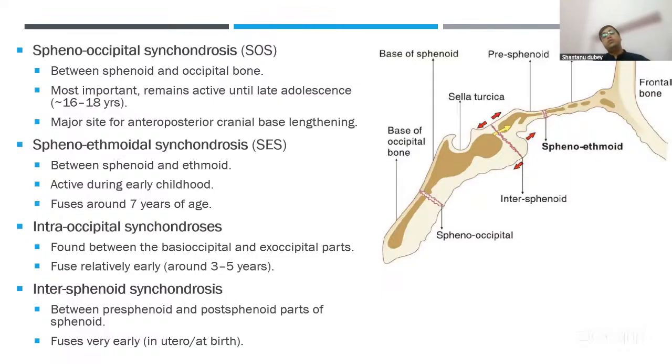So according to that principle, since the maxilla is just opposite to the anterior cranial base, till the anterior cranial base grows, the maxilla will grow. Hence we always talk about getting the maxillary growth as early as possible, right?